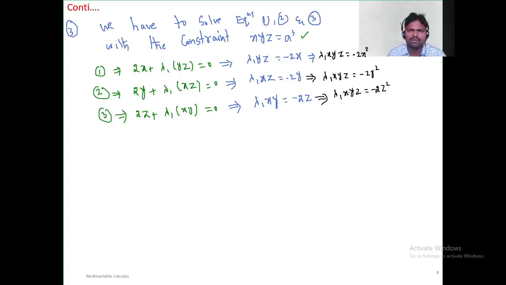So from this, xyz is equal to minus 2x square by λ1, right? Next, from the second equation, xyz is minus 2y square by λ1, and again xyz is minus 2z square by λ1.